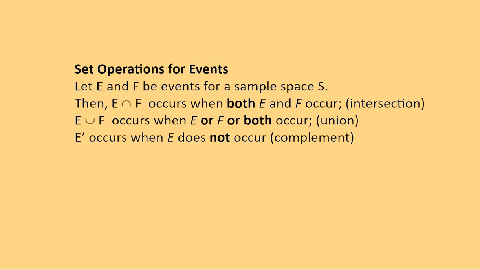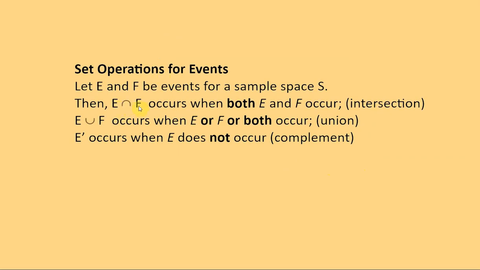Set operations for events. Let E and F be events for a sample space S. Then E intersect F occurs when both E and F occur. So remember, when we see this symbol, which looks like an upside down U, that means the intersection.